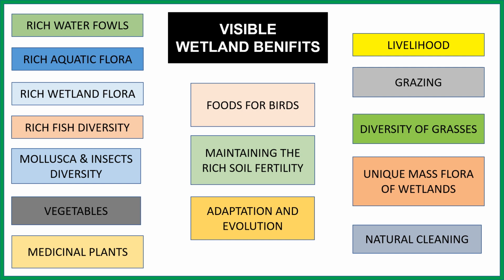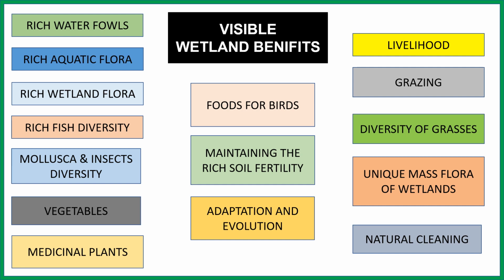There is a diversity of grasses, a unique mass of wetland flora, and we already know that wetlands are very important ecologically, because they clean the environment and the water system.